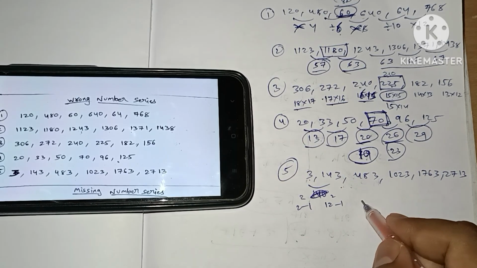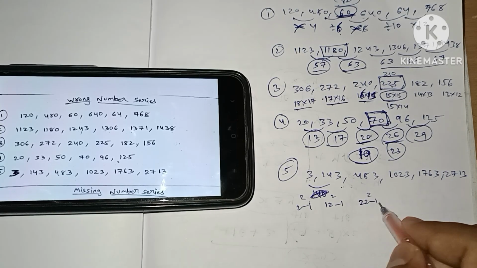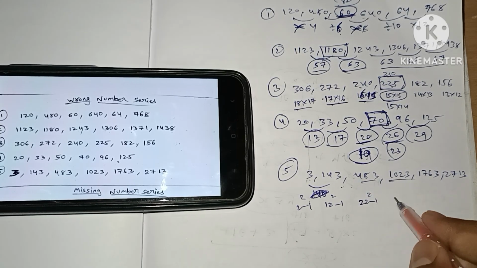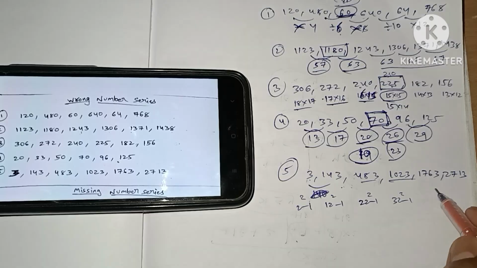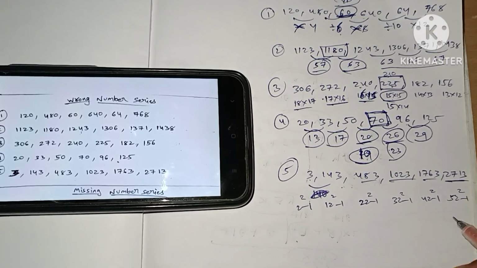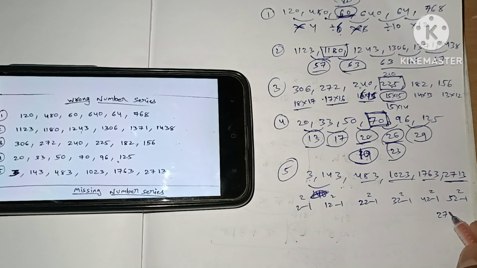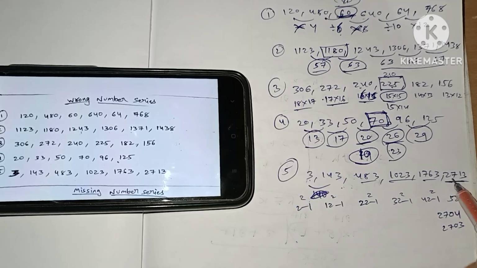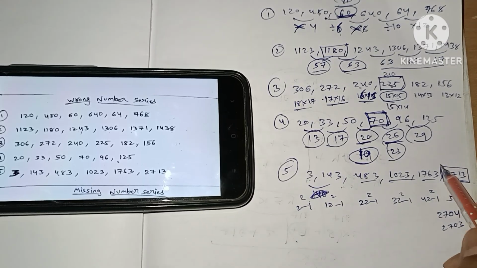This is 22² minus 1. This is 32² minus 1. This is 42² minus 1. This must be 52² minus 1. 52² is 2704. Minus 1, we get 2703, not 2713. So this is our wrong number.